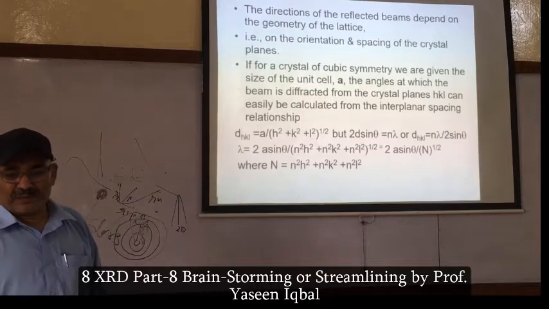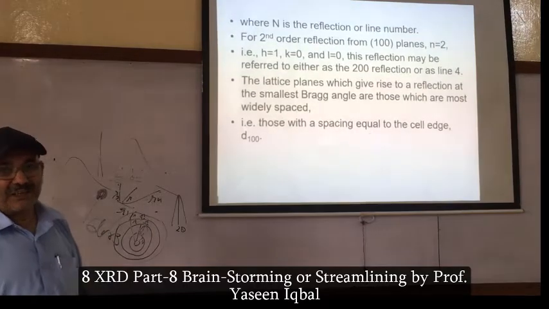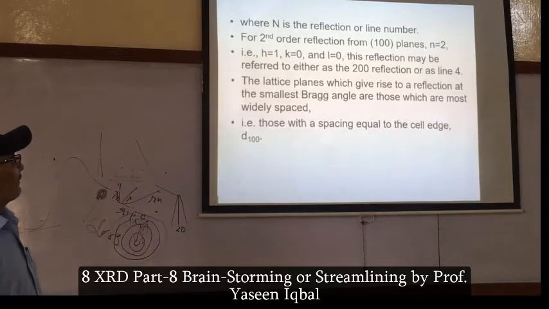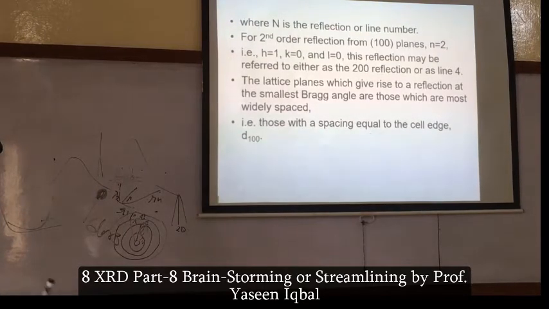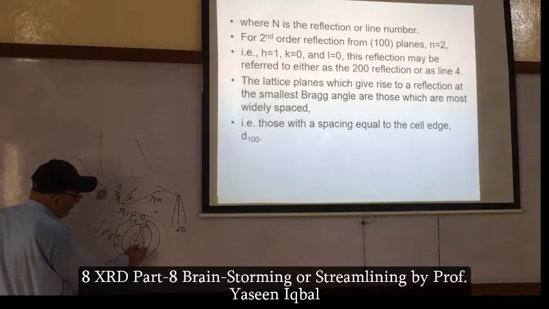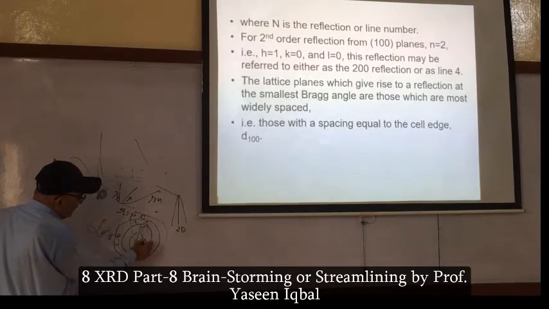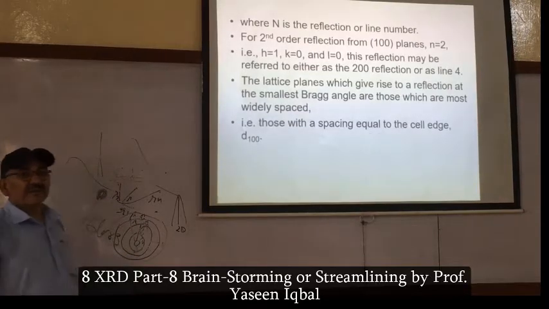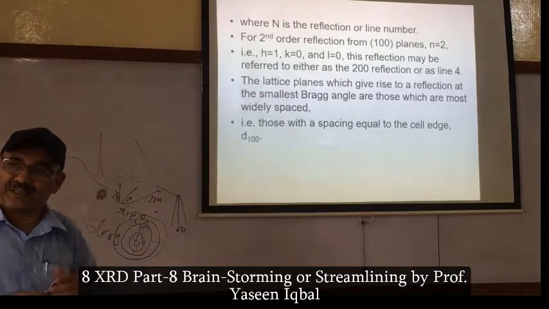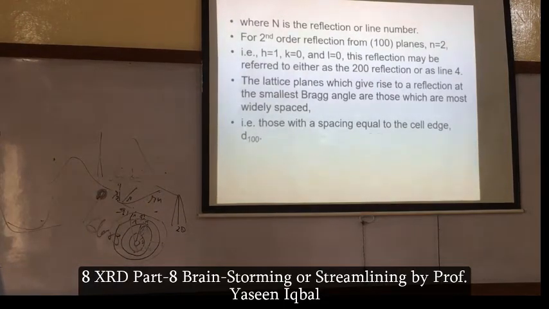I am taking you towards a classical method in a short time, what people used to do here, where n is the reflection or line number. This is the number. Right? 1, 2, 3, the order of reflection when you move forward.